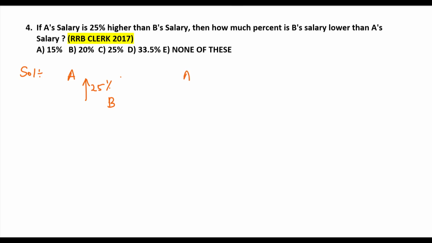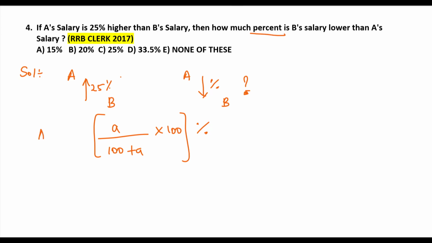We have to find how much percent is B's salary lower than A's salary. These type of problems can be solved by using a single formula, and that is A by 100 plus A into 100% is the percent which you are looking for. So this is our answer.